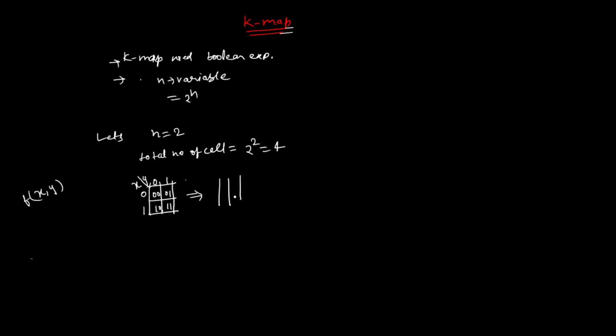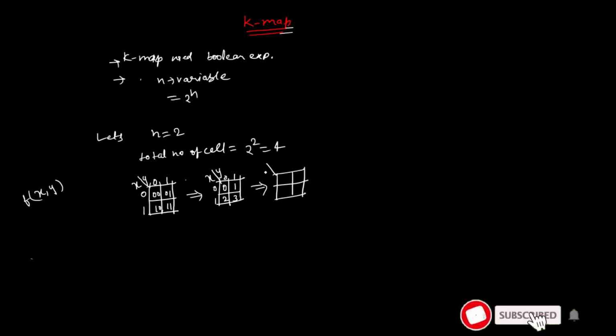We will see again, this is x, this is y. So it is 0, 1, 2, 3. And again we can see in the advanced form by writing x and y.